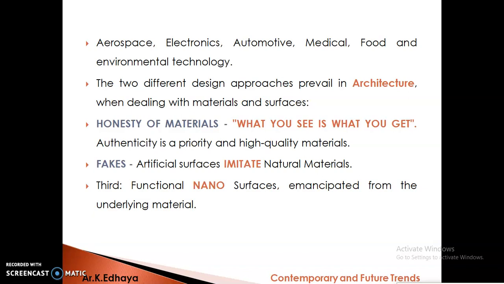Whatever they see, they will get, so if it is good, it is the original high quality wood. On the other hand, you can see fakes, that is, artificial surfaces, so you can have a wood-like texture in various materials. That is fakes. And using nanotechnology, you can achieve the third part, which is nano surfaces.